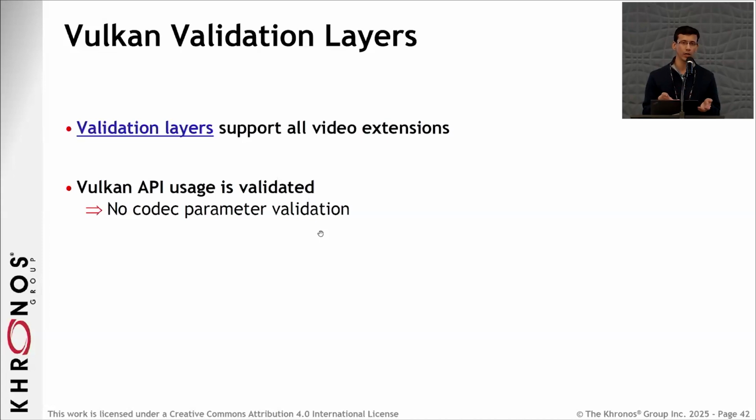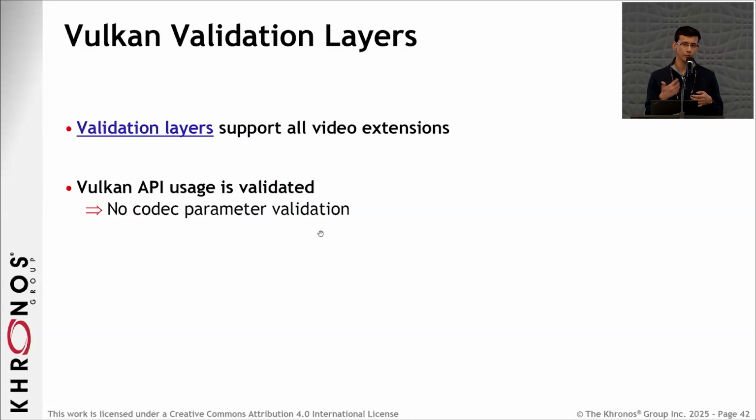And the second part is that codec parameter validation is a bit different from Vulkan API validation. For Vulkan API validation, you would enable it for debugging, and then disable during production. But for codec validation, for the video decoder, you can have different streams coming at different points with different parameters.